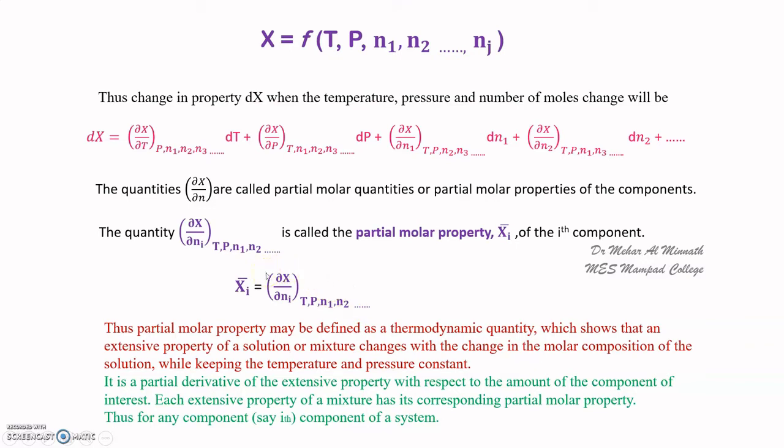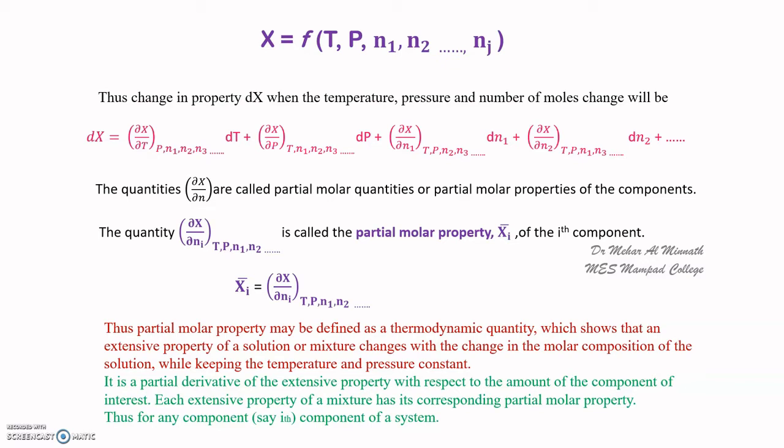It is a partial derivative of whichever extensive property you are considering, with respect to the amount of a particular component. So each extensive property of the mixture has its own partial molar property, and that extensive property depends upon the molar amounts of all the components of the system.